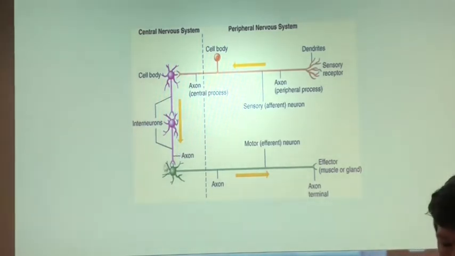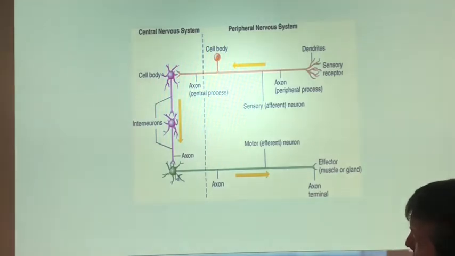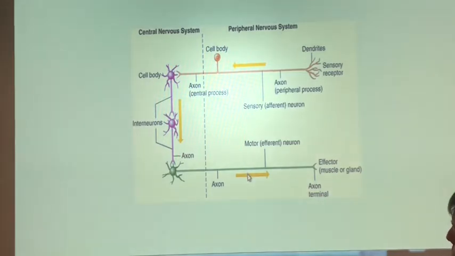Anyway, so there is another synaptic cleft, and neurotransmitter is going to be released. So again, we're in the central nervous system here. Now the central nervous system is going to enact a response. We're going to send a nerve impulse out, away from the central nervous system, moving in this direction. Now, of course, we're in the peripheral nervous system as that nerve impulse is being sent. This is a motor neuron.